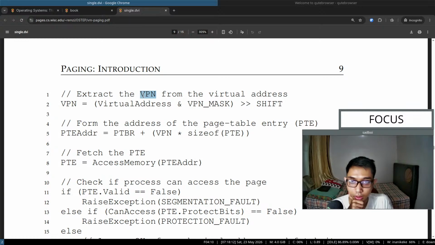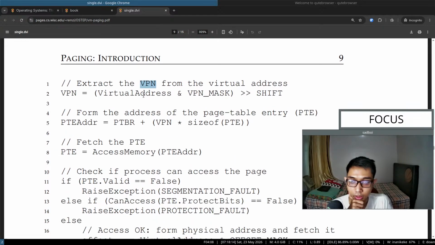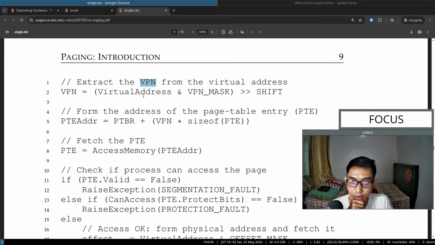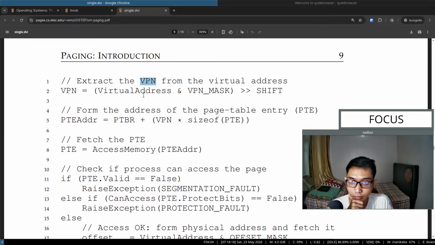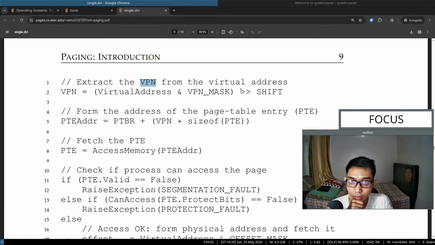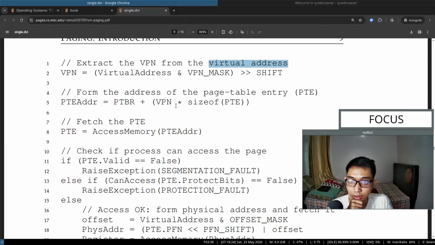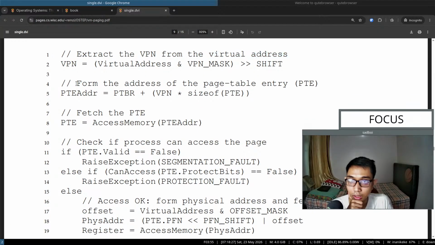I think we can think of the virtual page number like the index. So we extract the index from the virtual address to form the address of the page table entry.